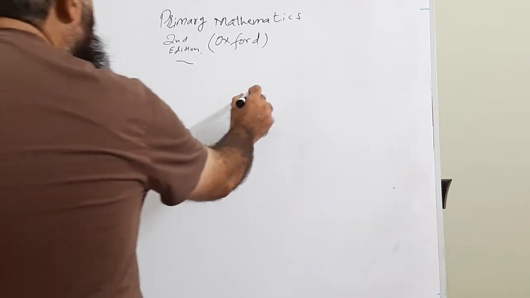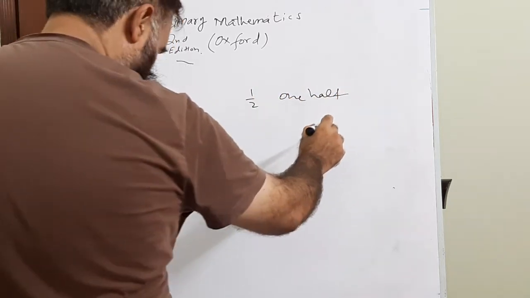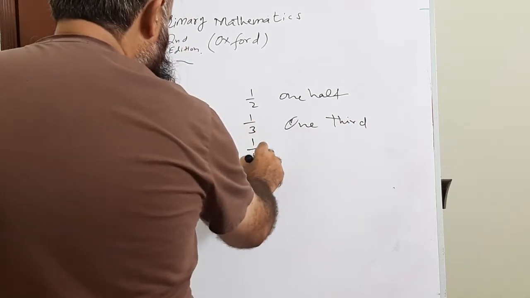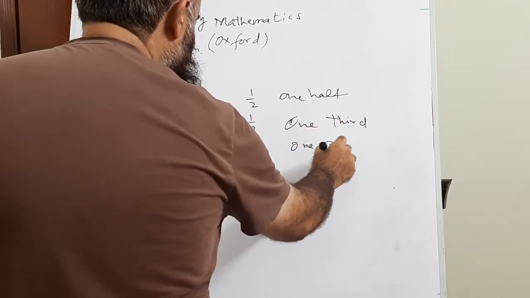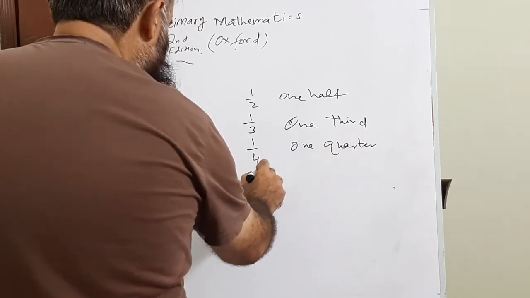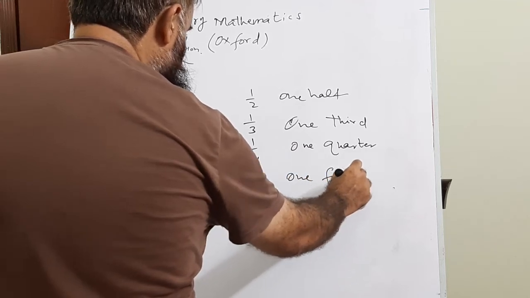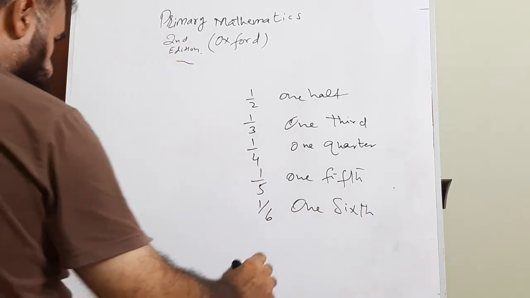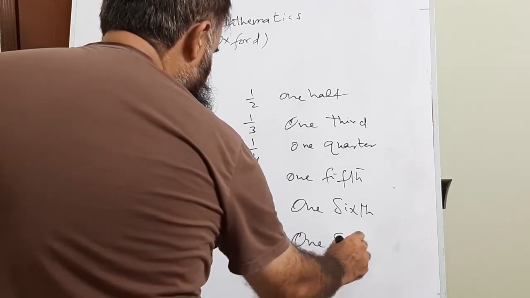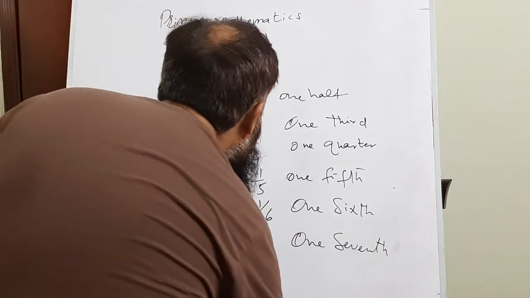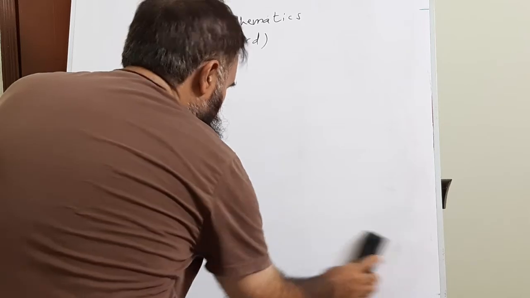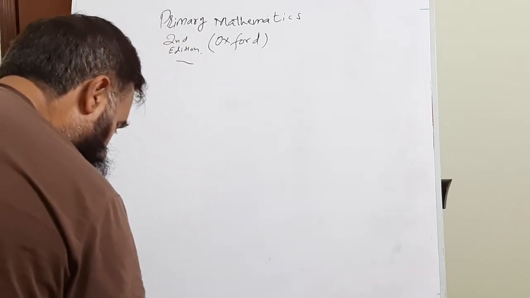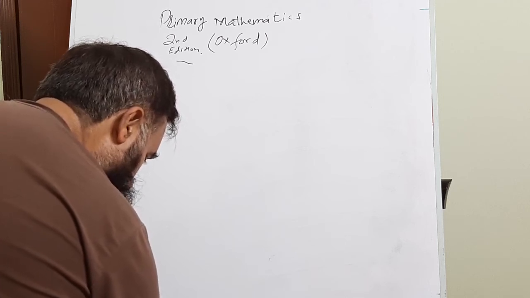It is mentioned: 1/2 is 1/2, 1/3 is 1/3, 1/4 is 1/4, 1/5 is 1/5, 1/6 is 1/6, 1/7 is 1/7, 1/8 is 1/8, 1/9 is 1/9, 1/10 is 1/10, 1/11 is 1/11, and 1/12 is 1/12.